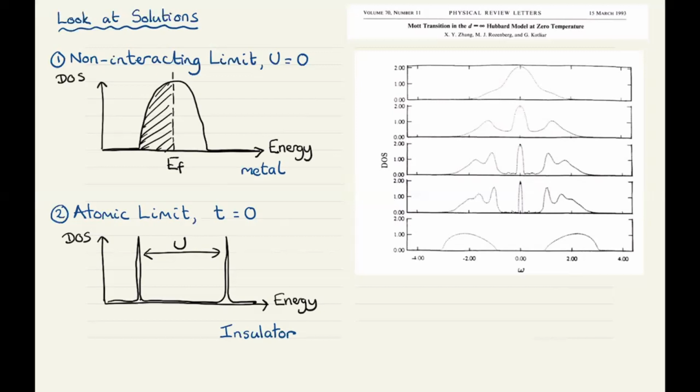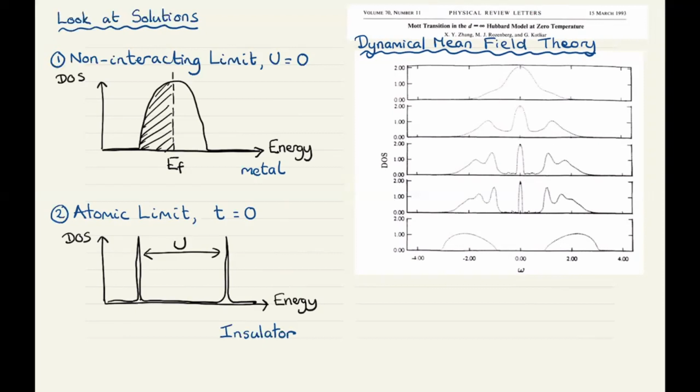But what I'm showing on the right here is a numerical solution made in this paper here using a technique called dynamical mean field theory, which is a numerical technique. Again, it still has some approximations, but it allows at least an approximate solution of the Hubbard Hamiltonian.